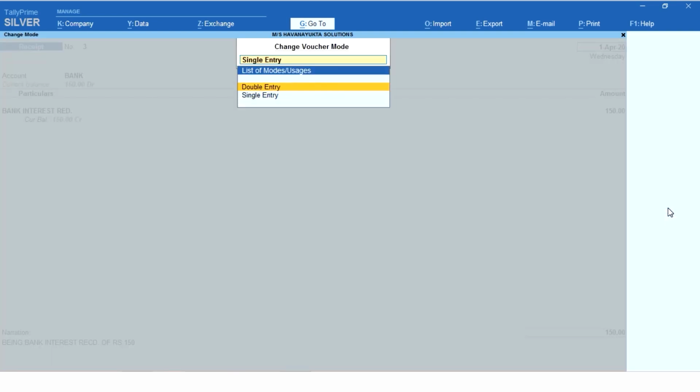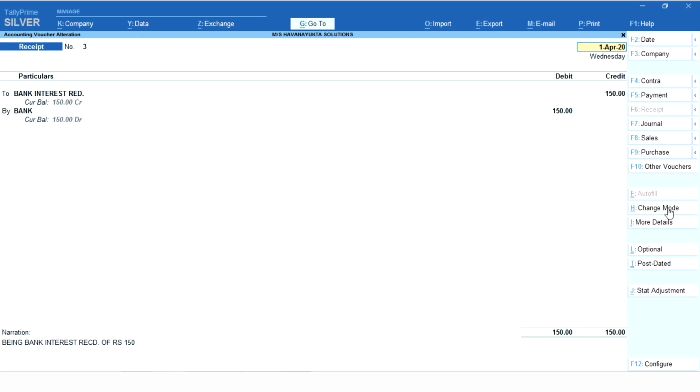You can select double entry and check, and you can also save the transaction, which means you can switch from single entry to double entry or double entry to single entry at any point of time. It doesn't affect your books of accounts or a transaction. So this is how you can pass receipt transactions. Thank you.